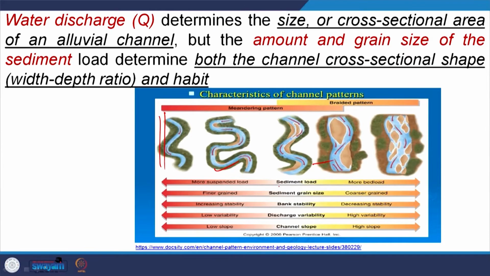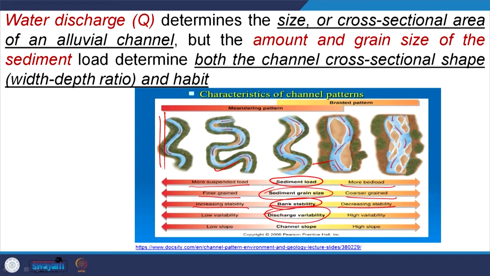So, some of these points have been described here in terms of this figure. Suppose we are taking sediment load as a factor. Once you are going from the straight channel towards the braided channel, here there is more suspended load, this side is more bed load. Similarly, this side is more fine grained, this is coarse grained sediment. Then increasing stability, decreasing stability, that means bank stability is concerned. Similarly, sediment grain size is concerned.